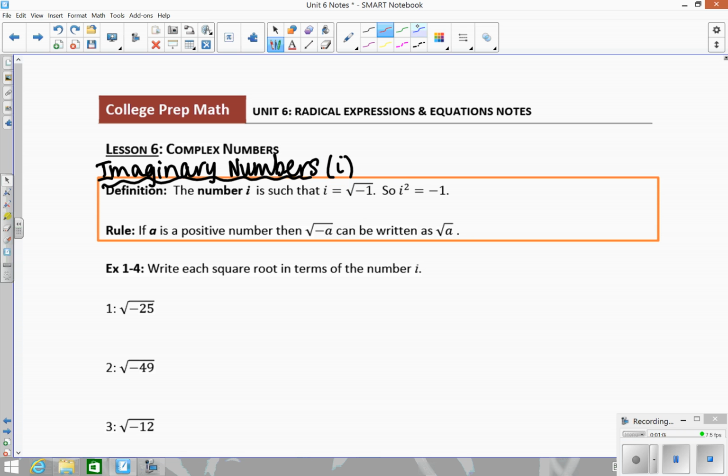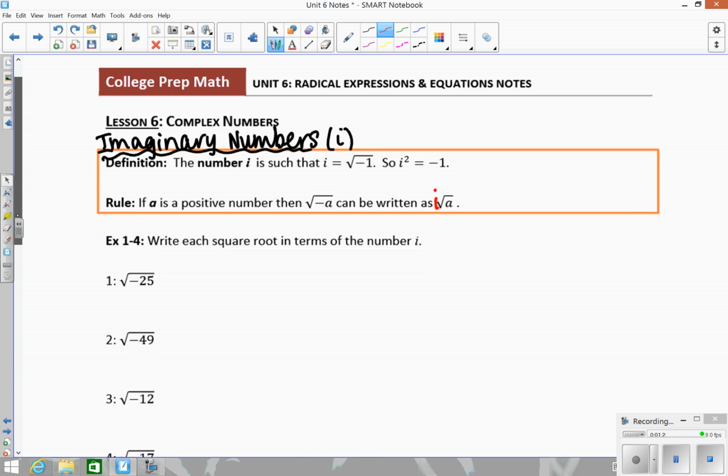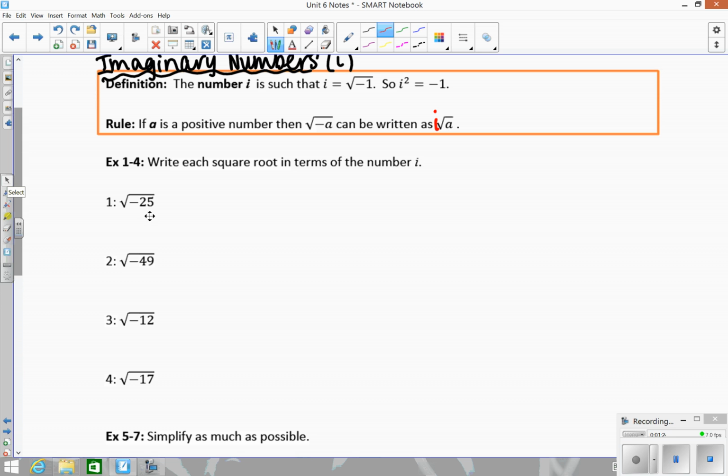Another rule that we should make note of is that if a is a positive number, then anytime you have a negative under a square root, it's the same thing as writing i times the square root of that number. So if we look at these examples here, if I have a negative under the square root of 25, this is the same thing as saying i times the square root of 25, which we know is 5.